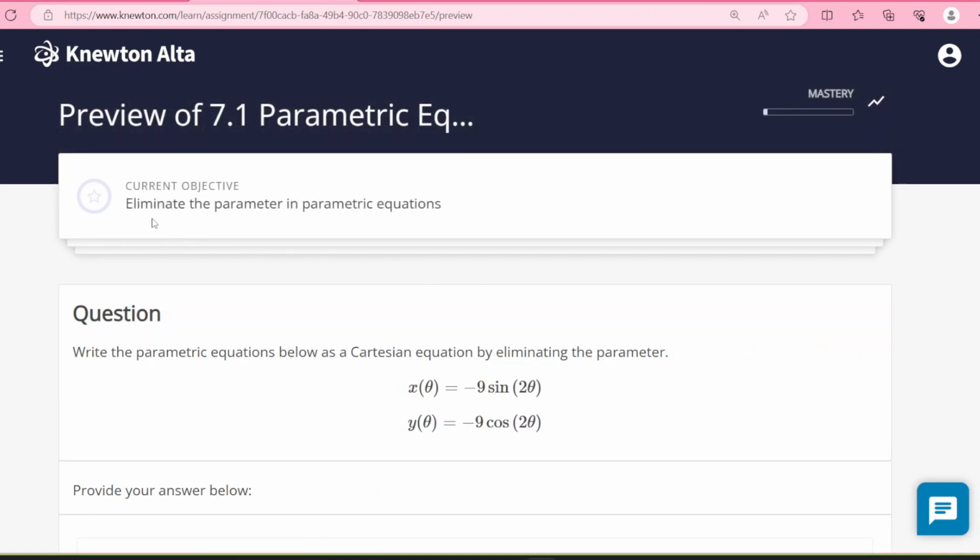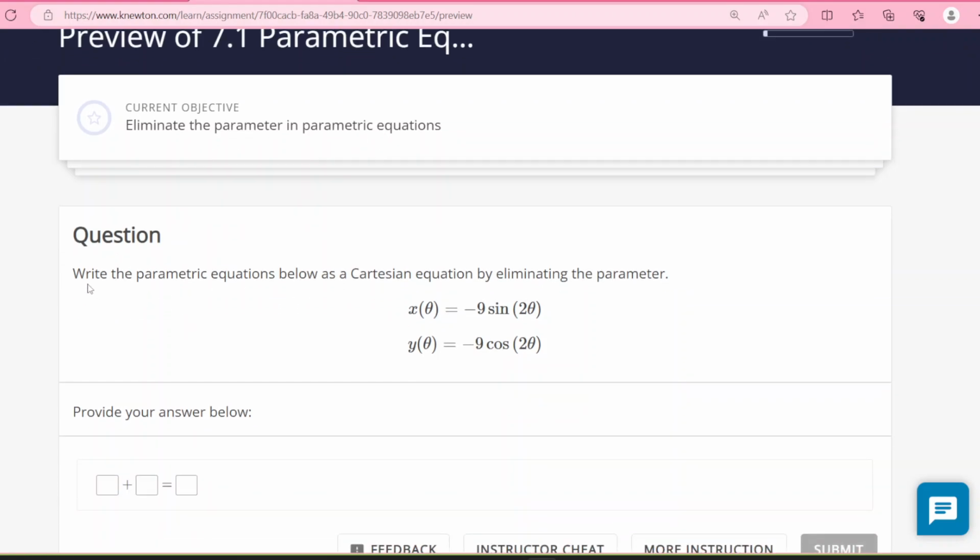All right, so here's the eliminate the parameter in parametric equations. This is where you're asked to write the parametric equations below as a Cartesian equation. Cartesian means rectangular. I had the word rectangular up in the first problem of this video. Cartesian means rectangular, xy.